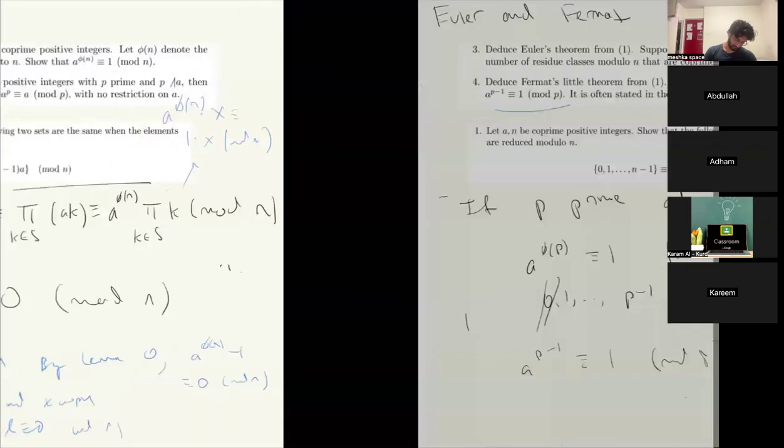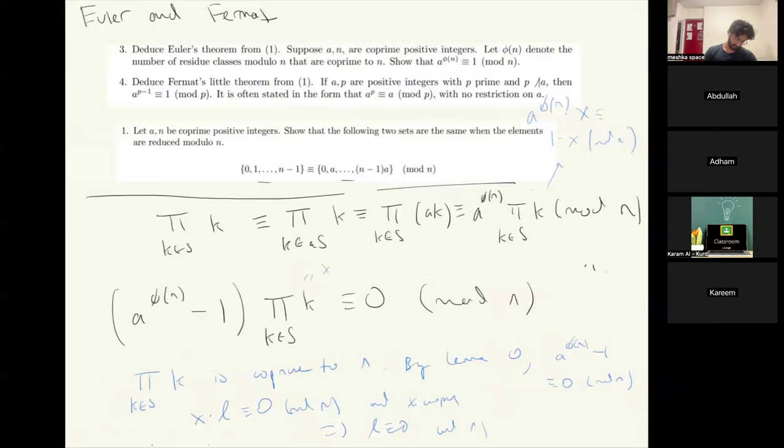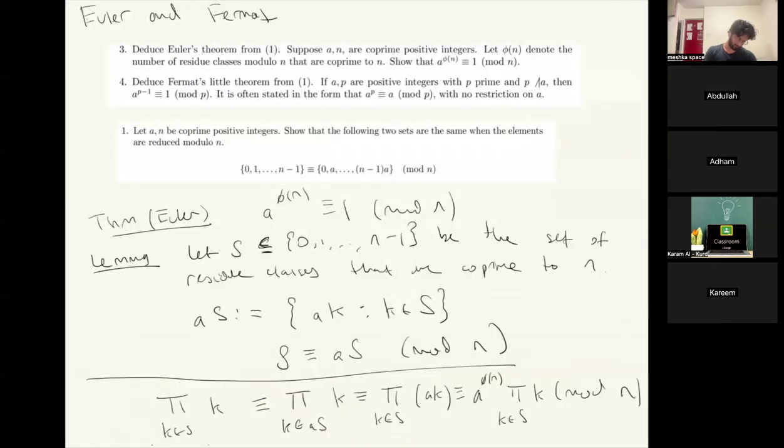We can take any n, and we have the set S. And I can ask, what is this product of the elements of S mod n? What does it equal? Does it equal minus 1, for example?